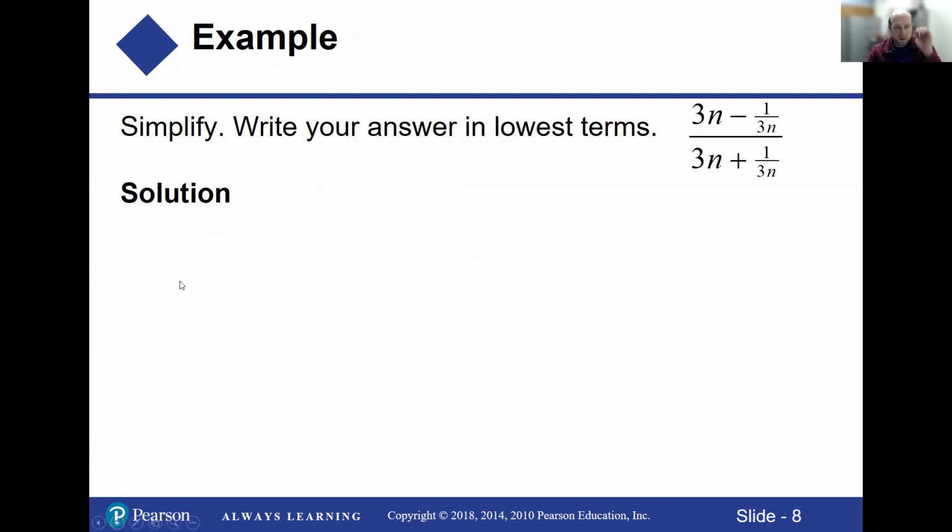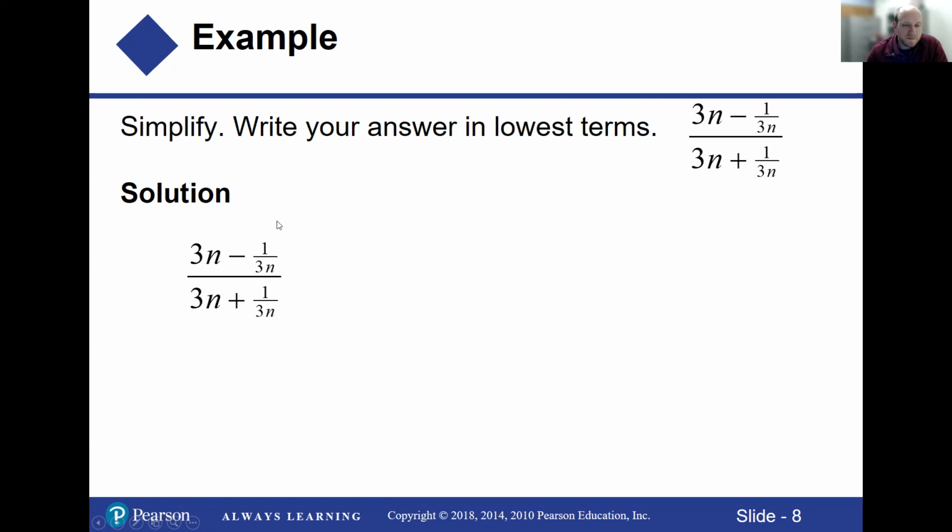But let's do an example where we do not have common denominators. In this one, we see in the numerator 3n minus 1 over 3n, and the denominator is 3n plus 1 over 3n. Sorry about that, I was just wondering about these three n's.